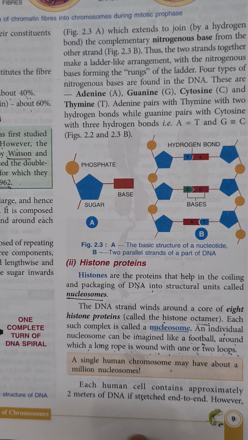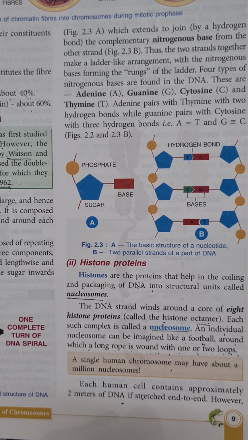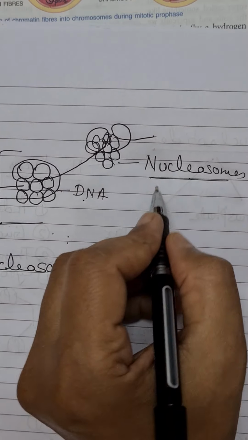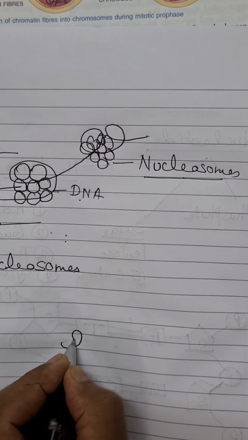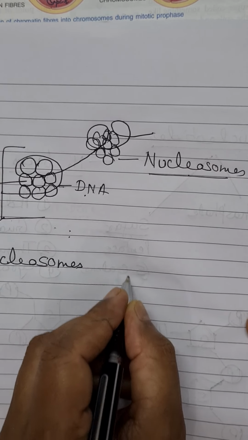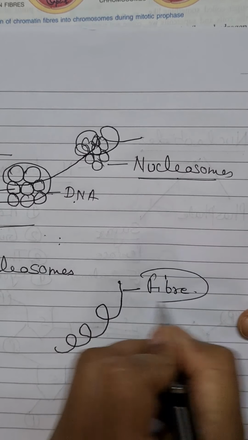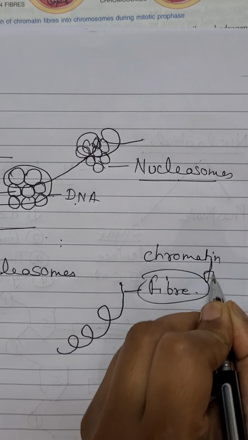Now how are these nucleosomes present in the chromatin fiber? Millions of nucleosomes are there in the chromatin fiber. They coil, recoil and supercoil to form a fiber, and that fiber is called the chromatin fiber.